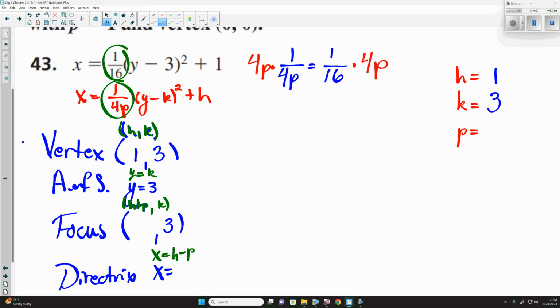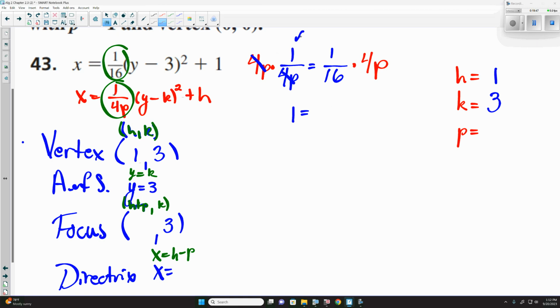Now, the left-hand side will simplify to 1, and that's mainly because the numerator is 1. Because here the numerator is 1, so it just simplifies to 1. If it had been 3 over 4p, it would have simplified to 3. But in most cases, it's just going to simplify to 1 for these.